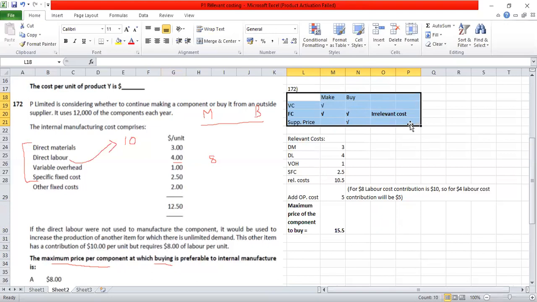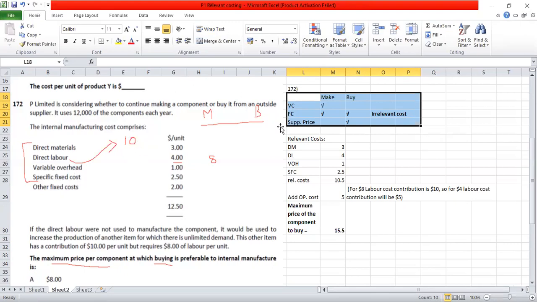So first we have identified all the relevant costs: the direct material, direct labor, variable overhead, and also there is one traceable fixed cost. That is, if they manufacture, they incur it. If they do not manufacture, they do not incur it. So that is a specific or relevant fixed cost. All of them added together, we got it as 10.5. Not only this, but they also mentioned that, when they don't manufacture, what will they do with the labor?